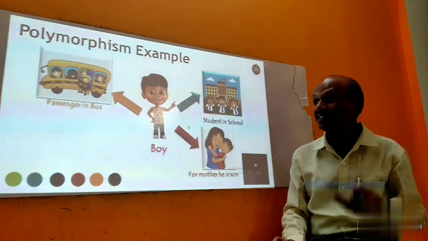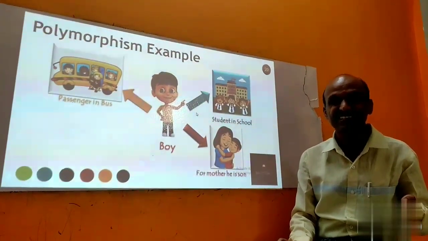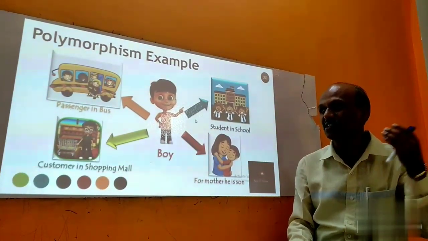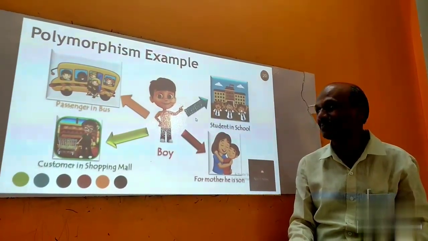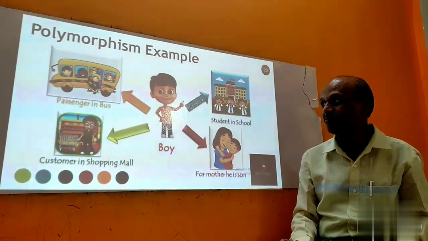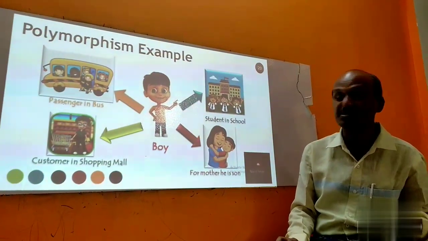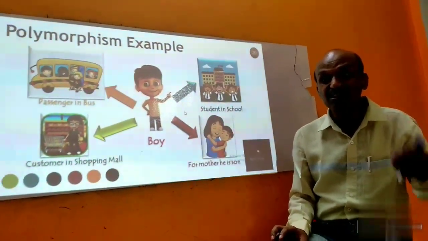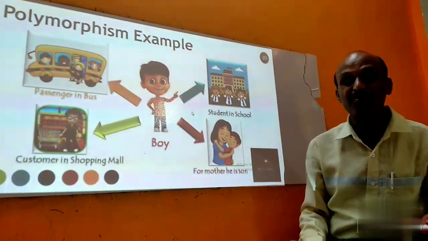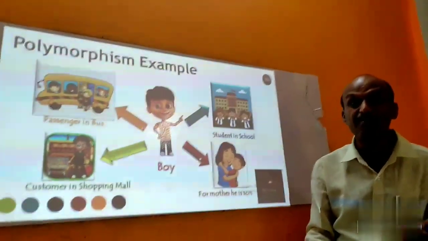Same boy is a passenger when he is going to school by bus. Or same boy, when he goes to the shopping mall, is a customer. So one thing, many forms. One boy, one object is taking different forms in different situations at runtime. So this is called polymorphism. One thing, many forms.